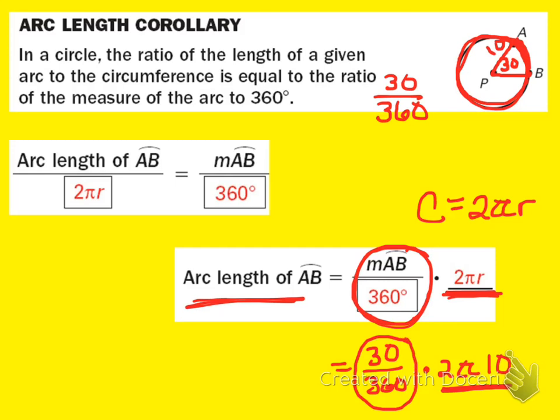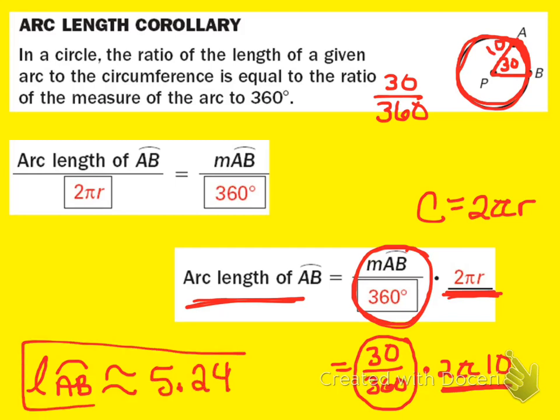You could punch this whole thing into your calculator just as it appears there, 30 over the 360 times 2 times the pi times the 10, and find that the length of arc AB is approximately equal to 5.24. Alright, let's practice with this a couple more times.